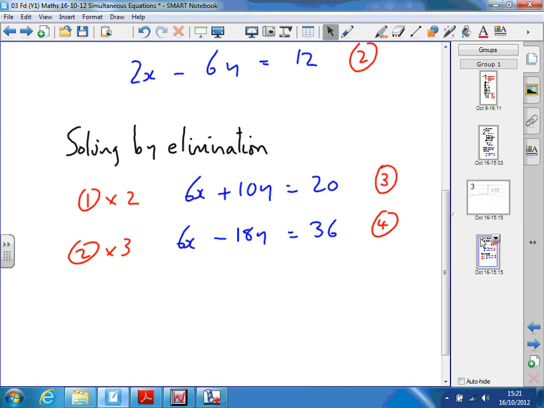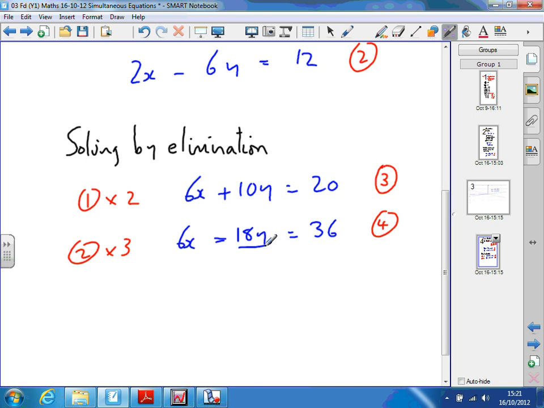Again, I've got a choice. I'm either going to do equation 3, take away equation 4, or I'm going to do equation 4, take away equation 3. Either way, the 6x's are going to disappear. But choose a way that's going to be convenient. So if I do equation 3, so that's 10y, minus equation 4, I'm going to get 10y minus minus gives me a plus 18y.